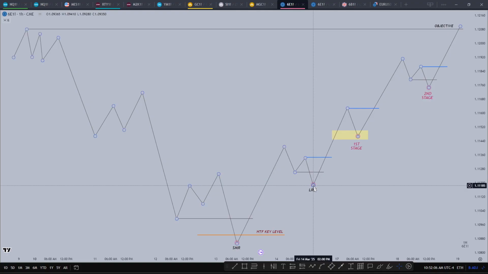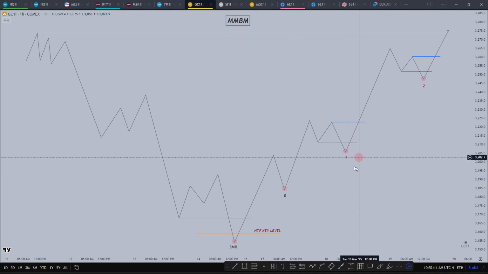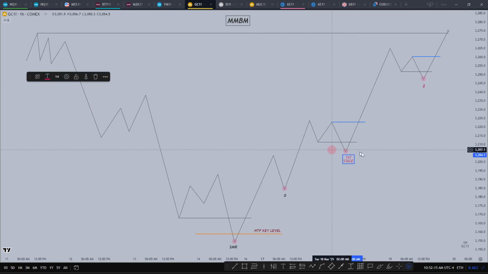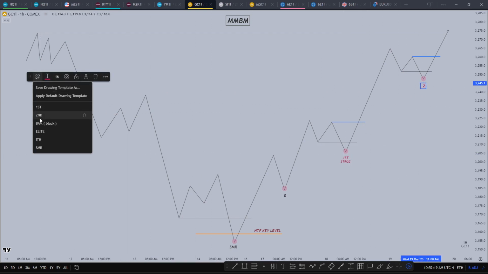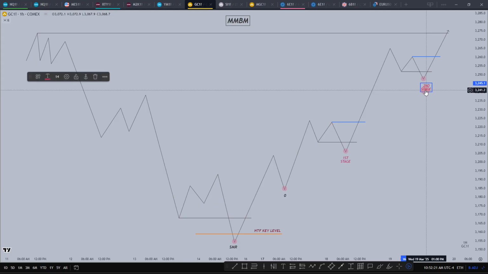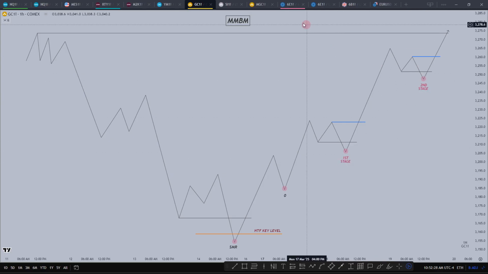This is 0, this is 1, this is 2. You would simply mark 1 as first stage, 2 as second stage. Okay, 1 as first stage, 2 as second stage.